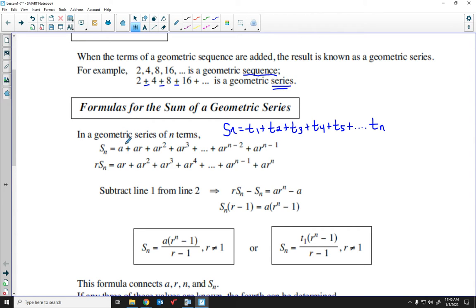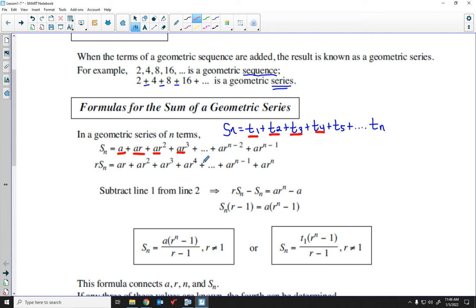Now, if we start to actually replace the terms here with correct variables, we can do this by thinking about it logically and using a general term formula. So T1 here would be a. T2 you can calculate by taking a and multiplying by the common ratio. T3 you can get by taking term 2 and multiplying by the common ratio, so ar multiplied by r would be ar squared.